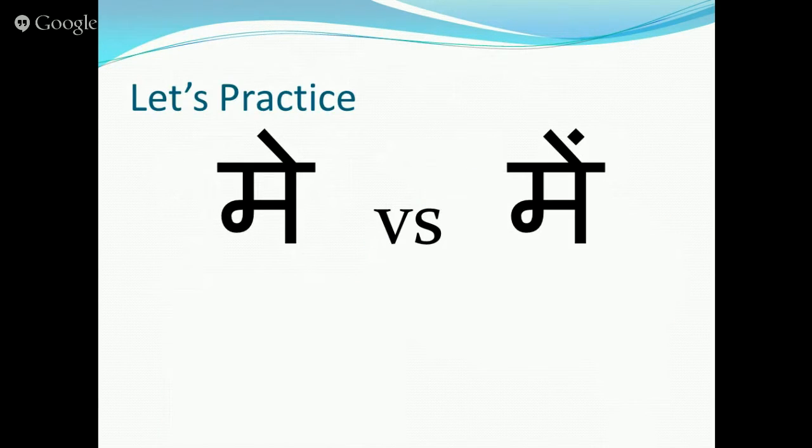Okay, so let's practice. The first one on the left is me, and the one on the right is me. Left is ma, right is ma.